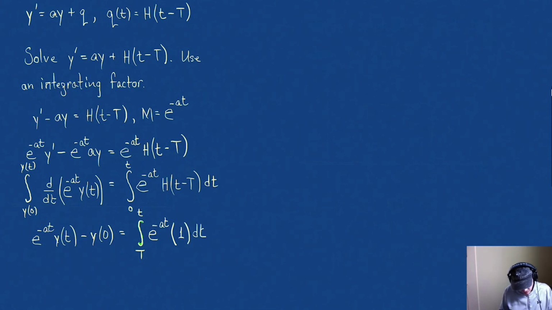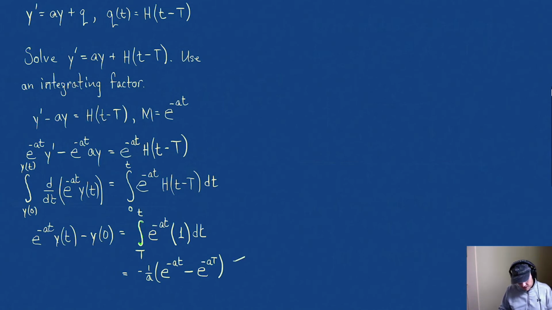Well, let's integrate this. So on the right-hand side, it becomes minus 1 over a times e to the minus at minus e to the minus a capital T. There it is. Now we can keep solving.